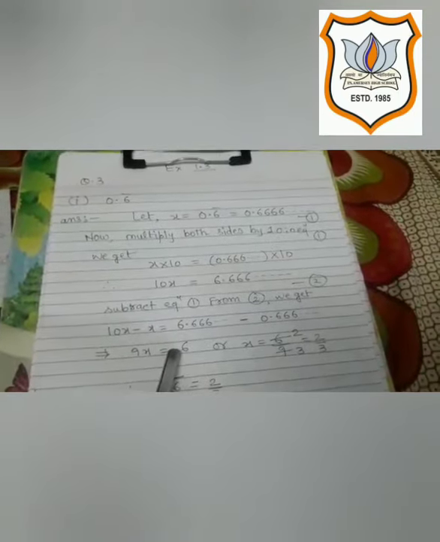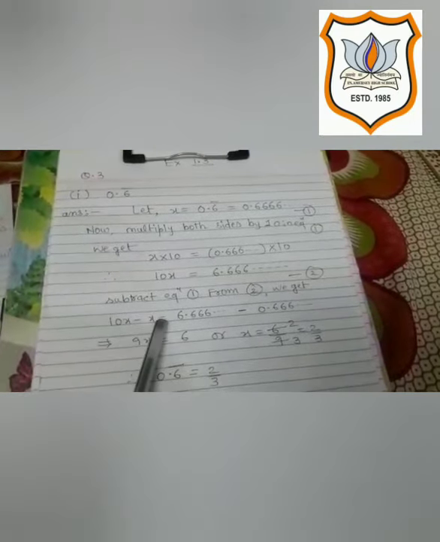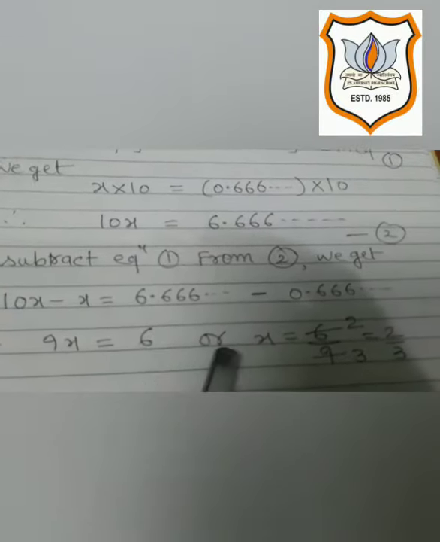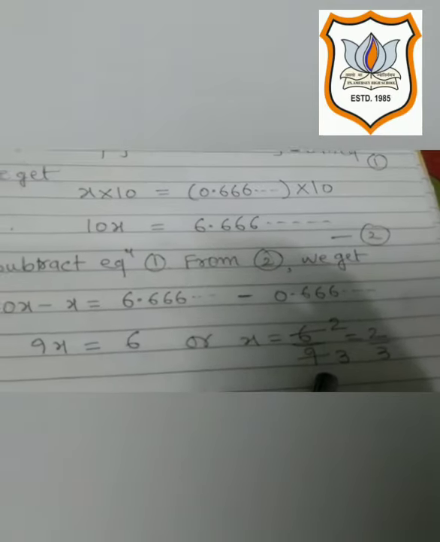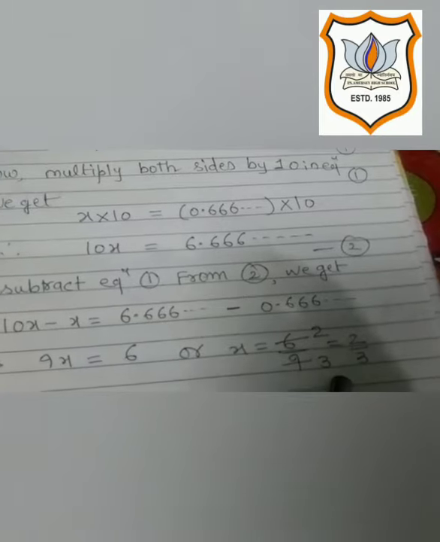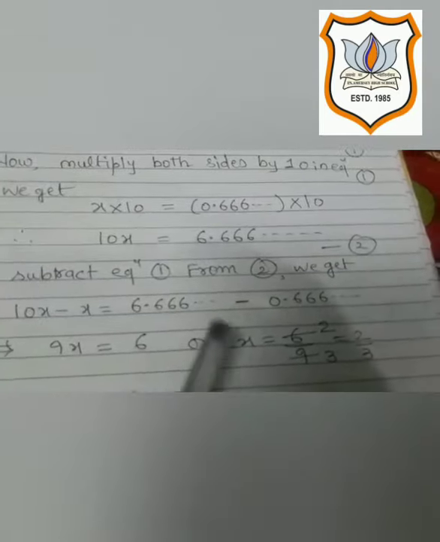You know very well by subtraction. Hence our next step will be 10x minus x, that is 9x is equal to 6. Or you can say x is equal to 6 upon 9, and here 2 upon 3 is our final answer. This is the P upon Q format of 0.6 bar.